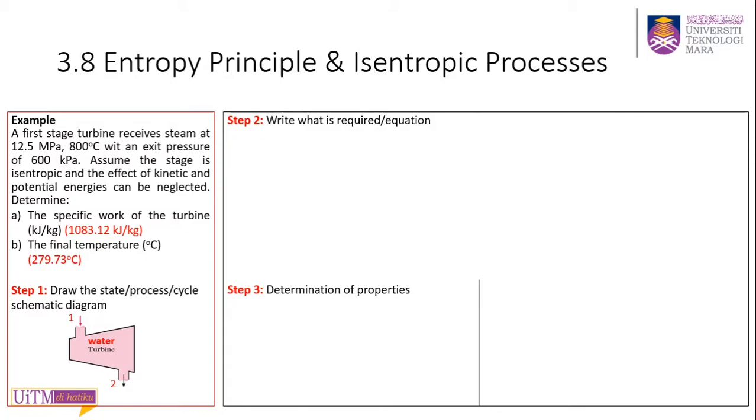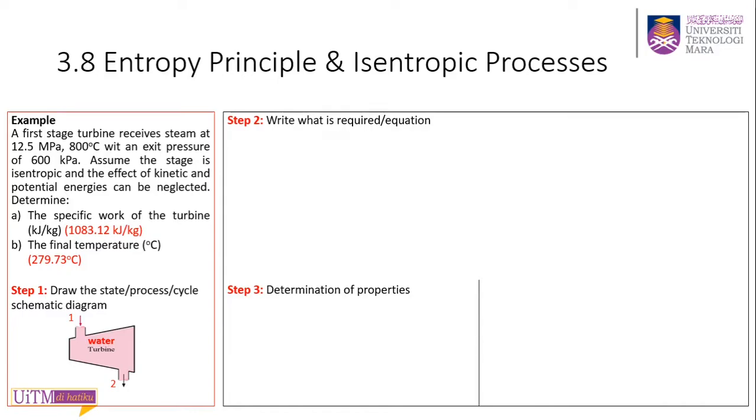Now, for step 1, please try to draw and label the schematic diagram for a turbine. For step 2, to find the specific work of the turbine, we will use the SFEE, and since the mass flow rate is not given, we will use the SFEE in lowercase letters.